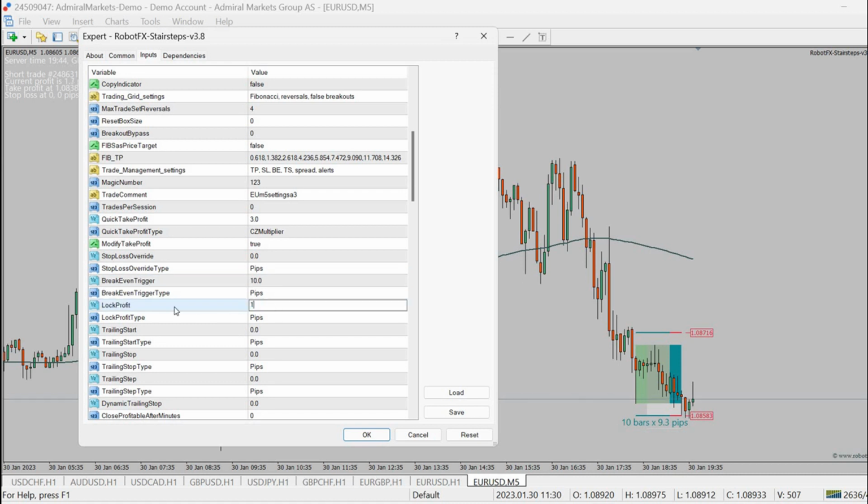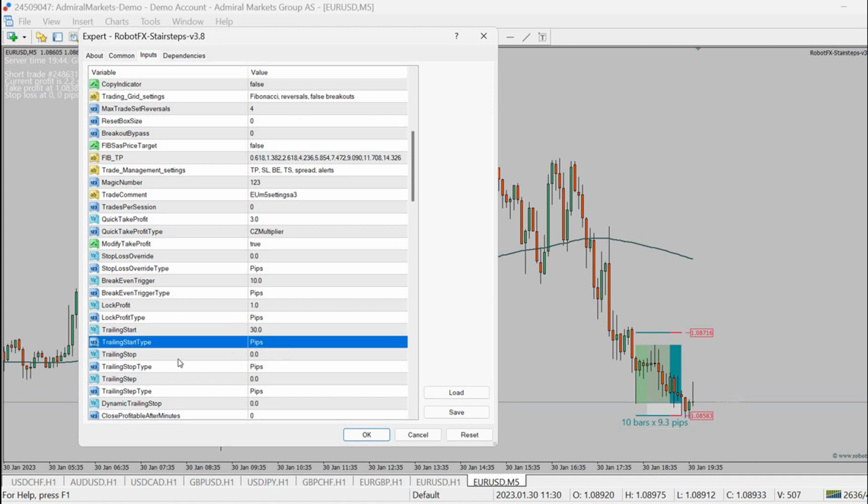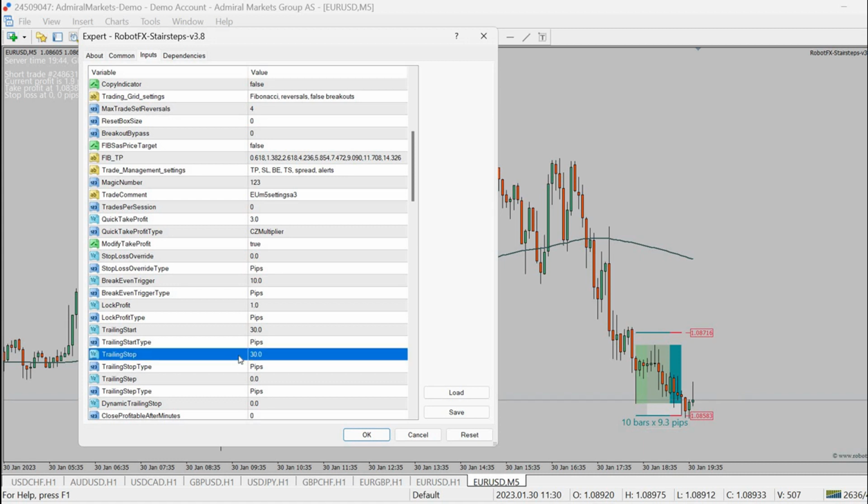There is the option to lock profit, lock 1 pip. There is the option to set a trailing start, when the trailing will start, let's say 30 pips in our favor, and the trailing stop will be the same, 30 pips.